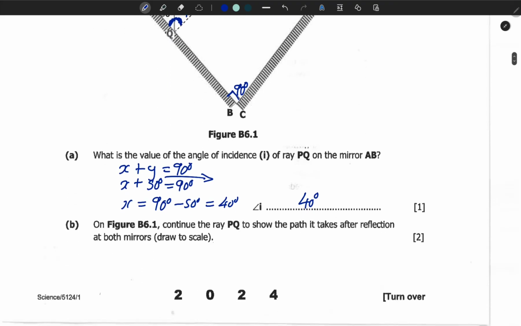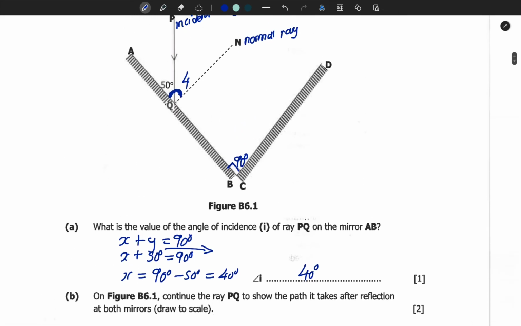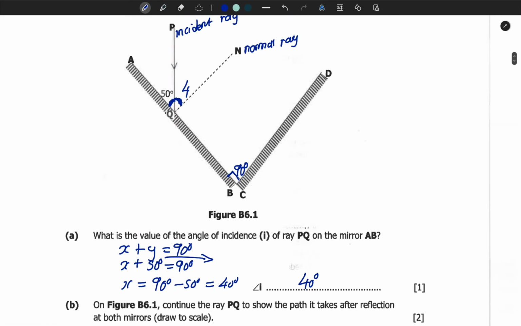Now for question B on figure B 6.1, continue the ray PQ to show the path it takes after reflection at both mirrors. Draw to scale. So whenever you're told to draw to scale, you need to make sure that your drawings are perfect. You need to make the measurements accurate, use the instruments.